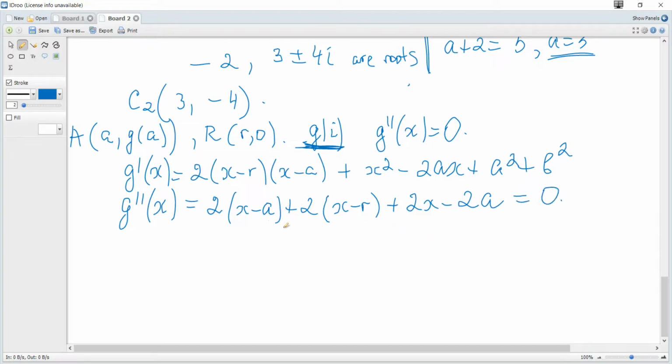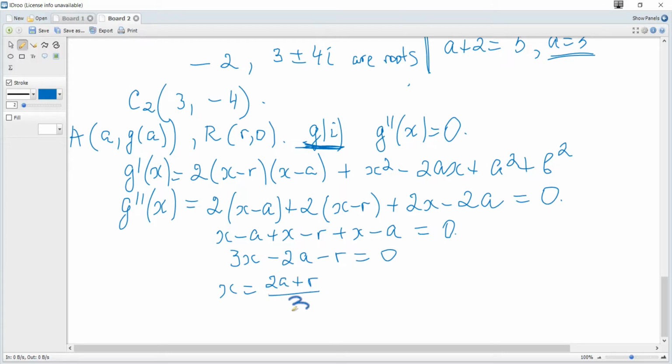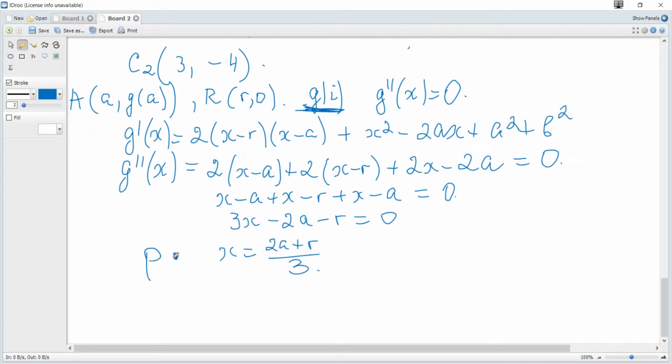We can divide each term by 2 and get x minus a plus x minus r plus x minus a is 0. 3x minus 2a minus r is 0, x is 2a plus r over 3. So it's point P, the point of inflection, x coordinate, and it's as required, it's correct. And it's also given you are not required to demonstrate a change in concavity.